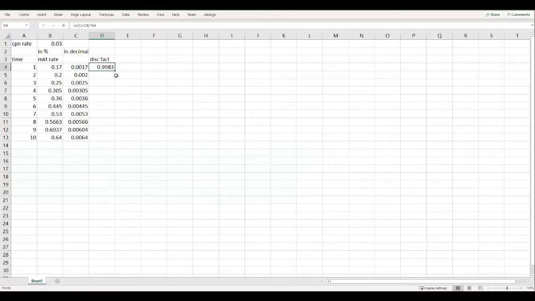So I have a discount factor of 99.83, and then I copy all the way down by double clicking. Now these discount factors are declining as they should, simply because $1 in the farther future is worth less today. Now, next I'm going to bring in cash flows of the bond.